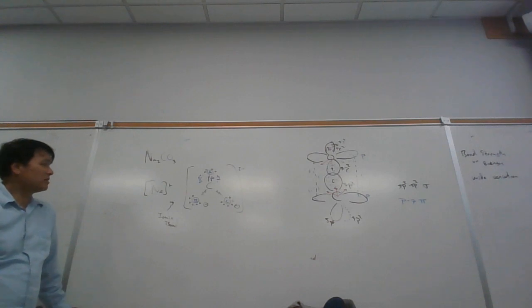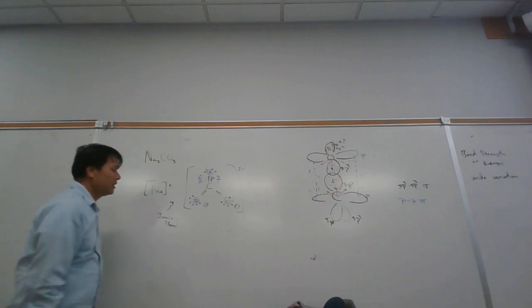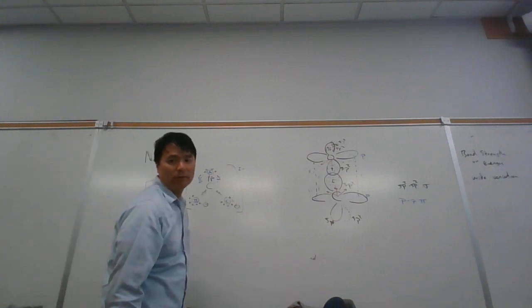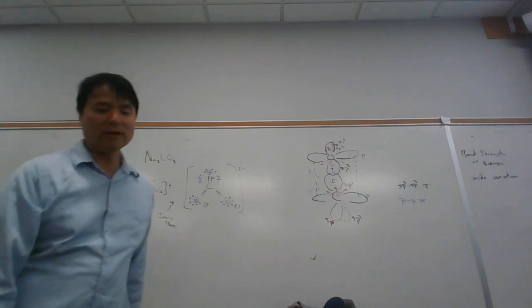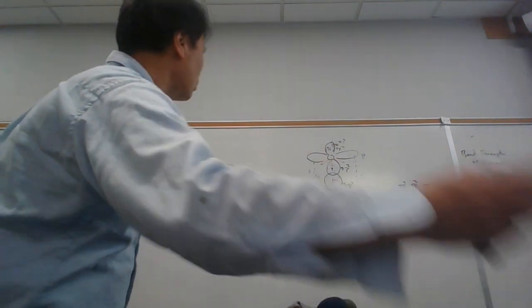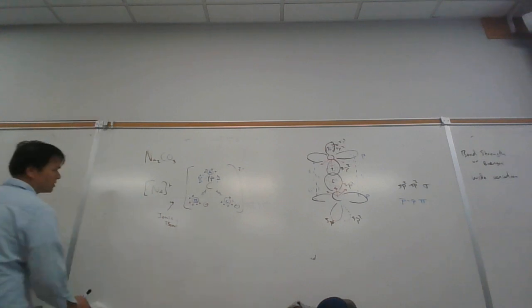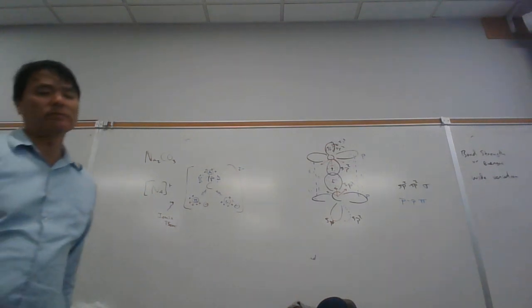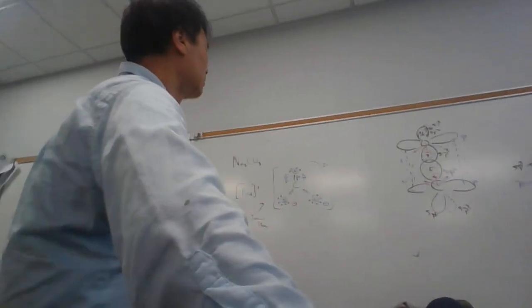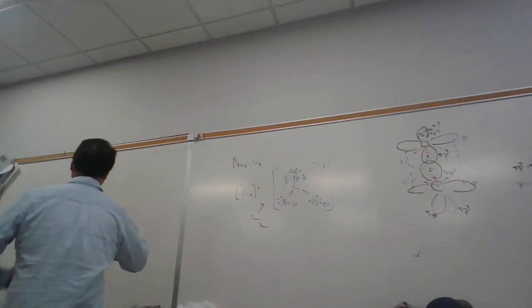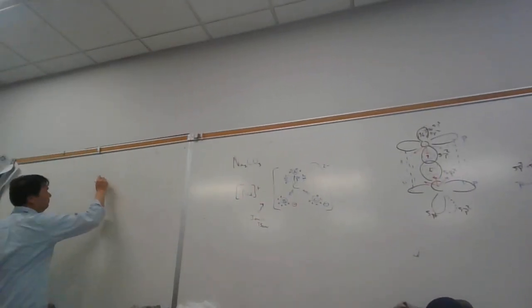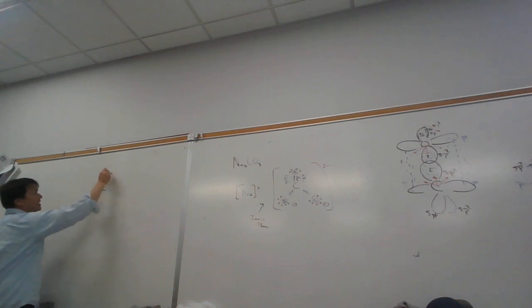Now, if we draw the resonance forms for carbonate, you could say that they're exactly the same thing, but what we have to do is look at how the electron cloud can be delocalized in the structure. And so let's draw the resonance forms for carbonate here. So one resonance form is like this.